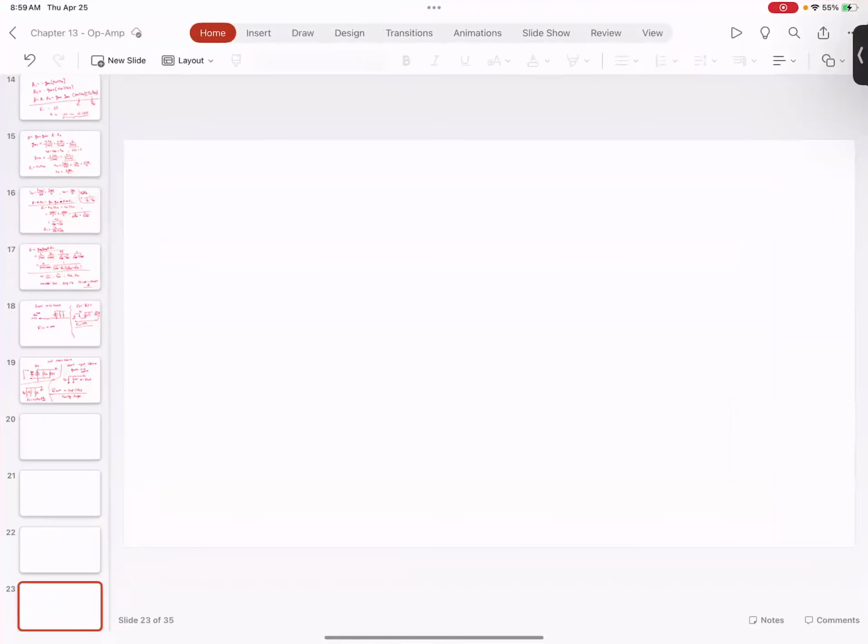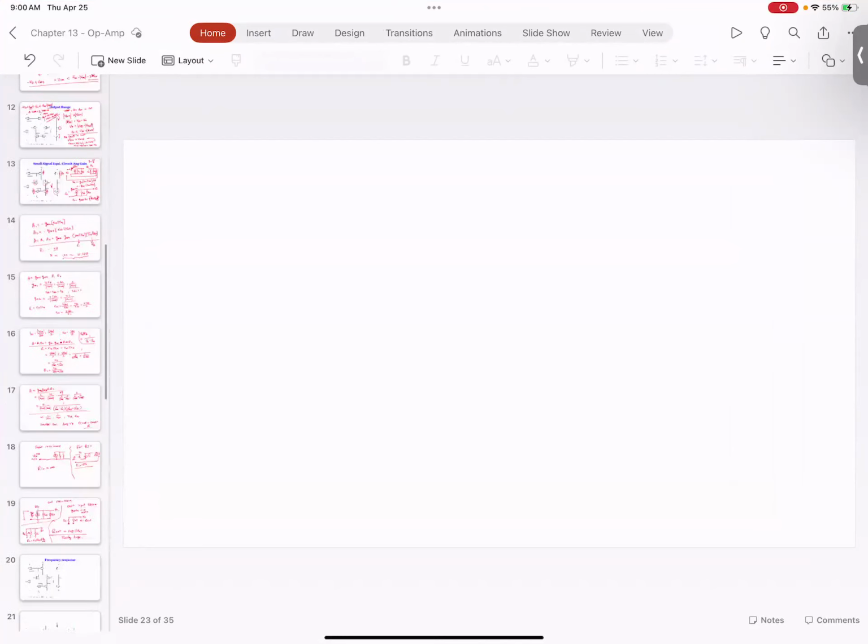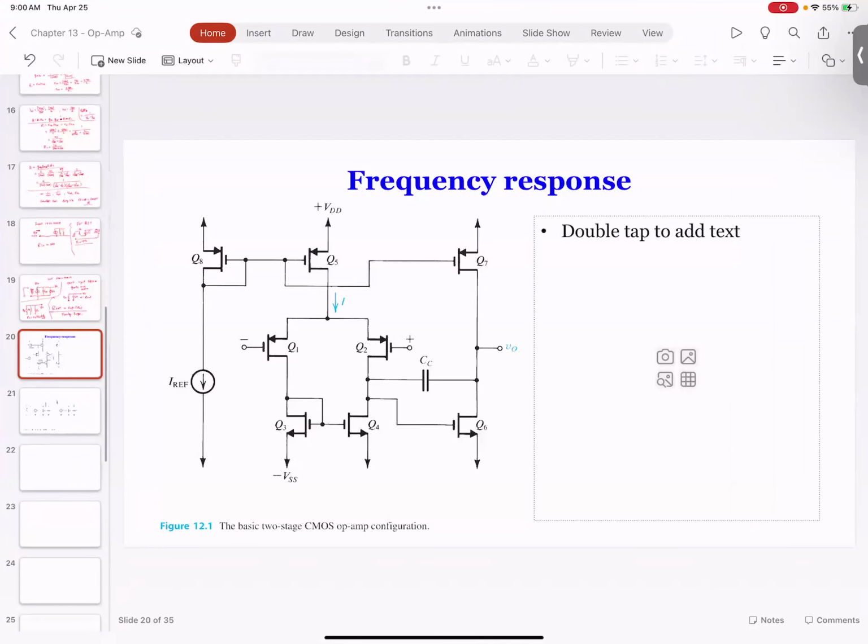Button. I'll give it one more minute before we start.